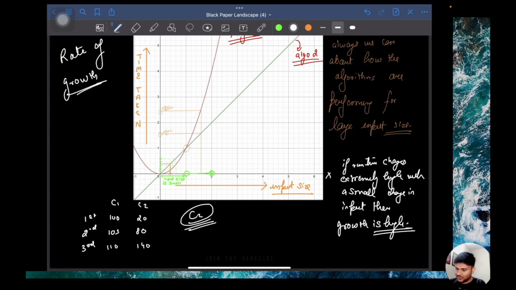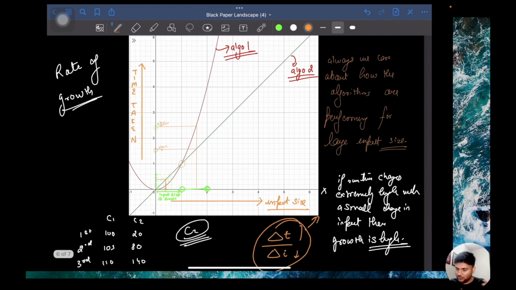So how do you mention change? You mention it like delta, right? So change in time with respect to change in input, right? If this change in time is very much with respect to very little change in input, then the overall rate is going to be very high. That's what I want to say.